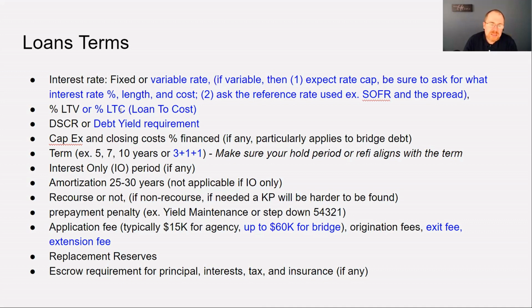You will compare the amount that will be lent to you not only to the purchase price, but to the purchase price plus the capex. That's what loan to cost means.